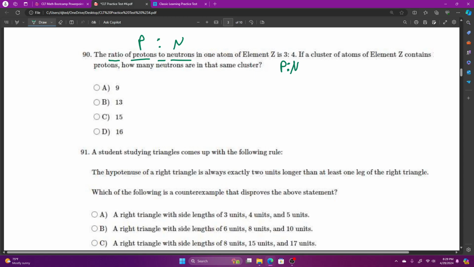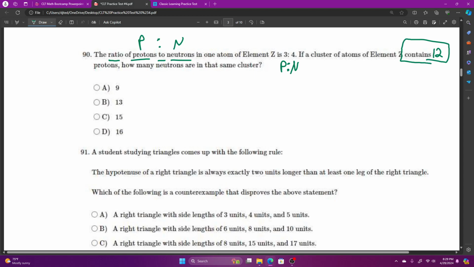If a cluster of atoms in element Z contains protons, it cut off a number there. If it contains 12 protons, how many neutrons are in that same cluster? I'm sorry, that got cut off of my copy here.